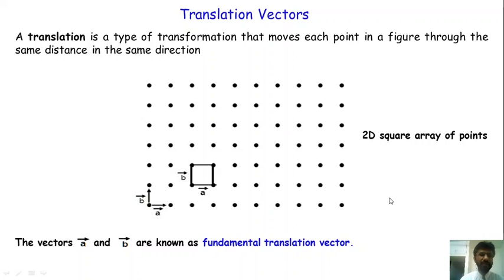Therefore, these vectors A and B are known as the fundamental translation vectors. So with the help of the fundamental translation vectors, we can generate a square array in any lattice space.